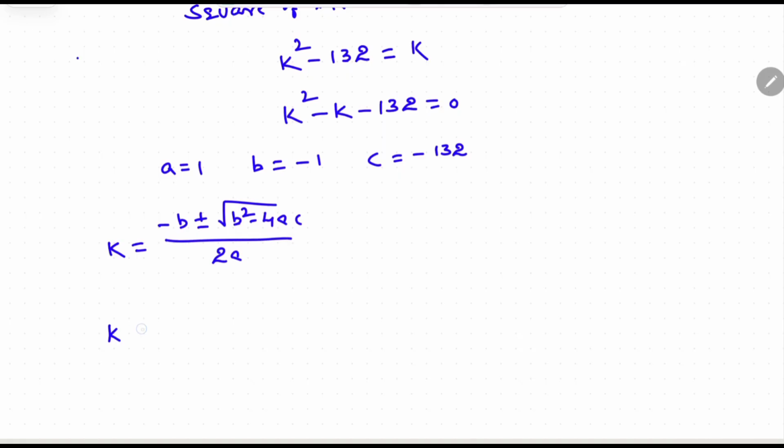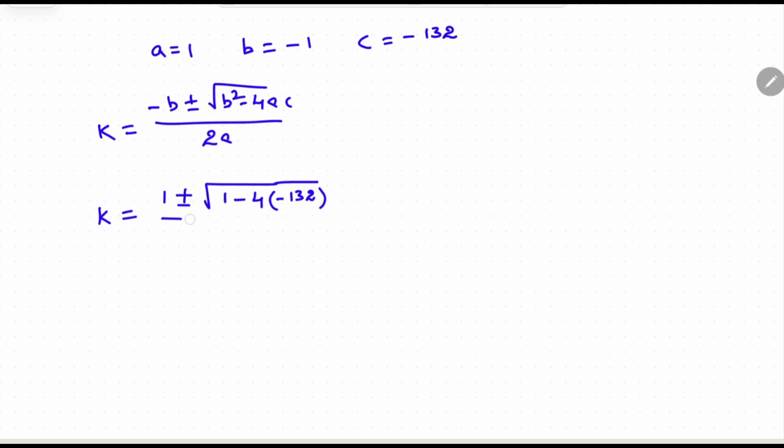So k equals minus of minus 1, so I am writing directly 1 plus or minus root of b power 2, minus 1 whole power 2, 1, minus 4 into a value 1 and c value minus 132, whole by 2 into a value 1, therefore I am writing 2.